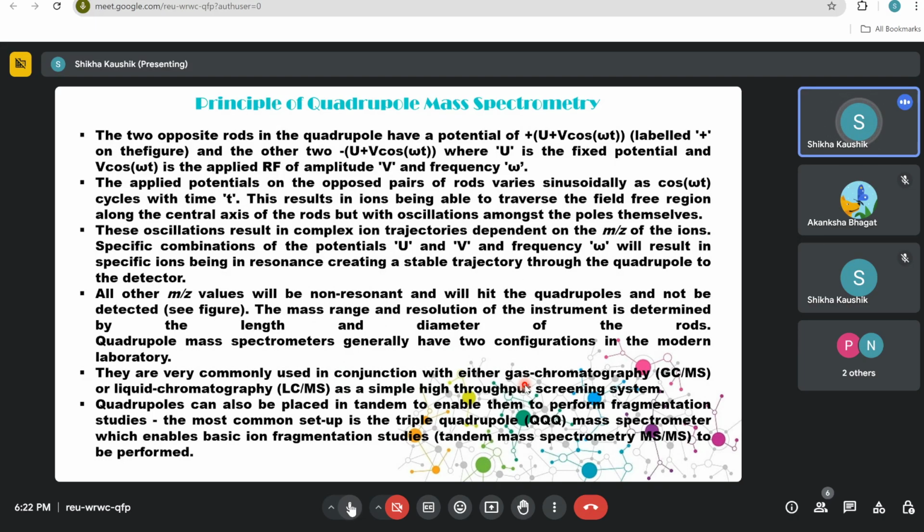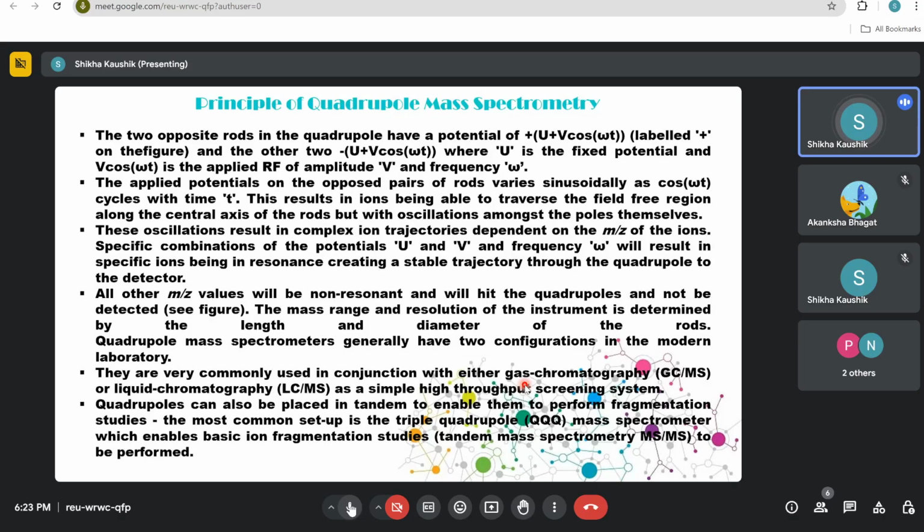These oscillations result in complex ion trajectories dependent on the mass to charge of the ion. A specific combination of the potential U, V, and frequency omega will result in a specific ion being in resonance, creating a stable trajectory through the quadrupole to the detector.